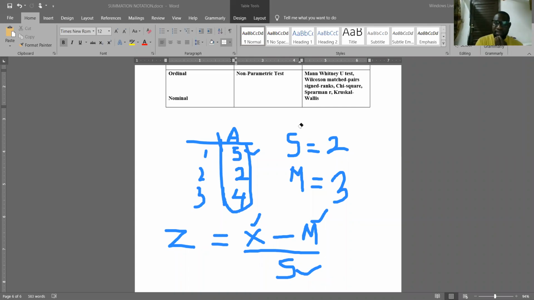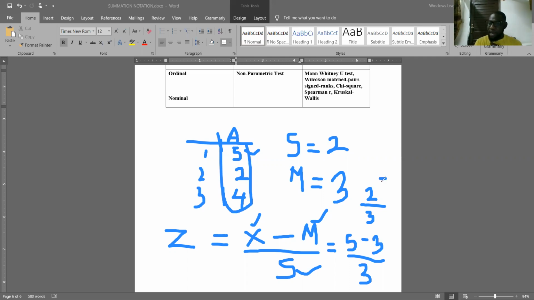It will be 5 minus the mean of 3, over the standard deviation. 5 minus 3 is 2, over the standard deviation, and 2 divided by 3 gives me 0.66666.